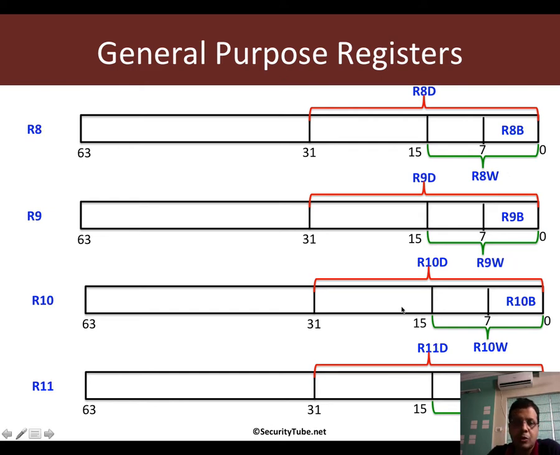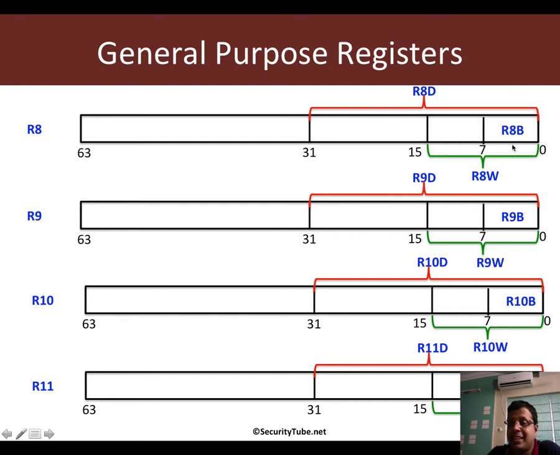And similar to what we've seen in the case of the first 8 general purpose registers, you can access the whole 64 bits by using RX, which is R8, R9, R10, whichever register you're interested in. You can access the lower 32 bits by using RXD, where X can be 8, 9, 10 up to 15.